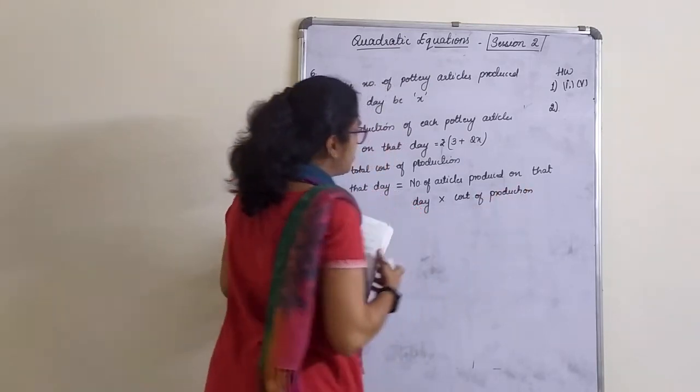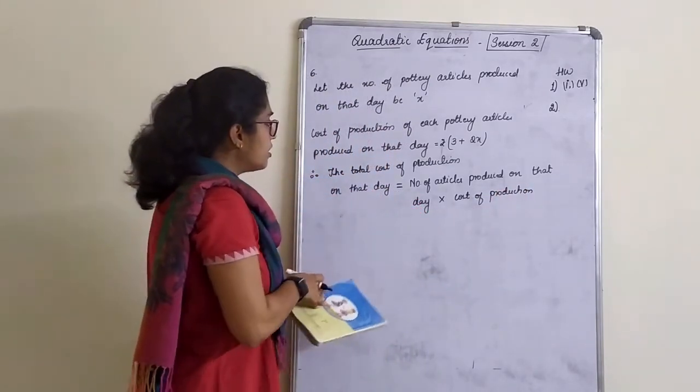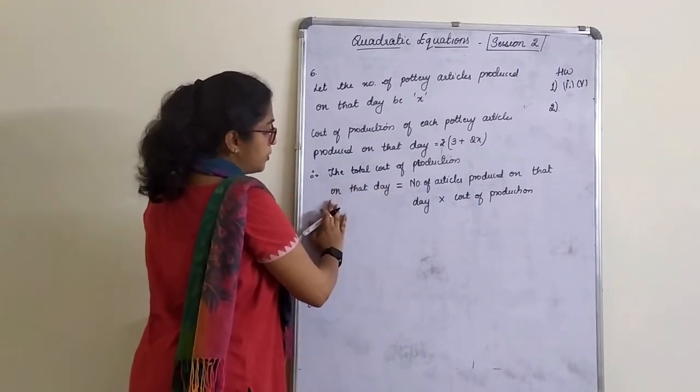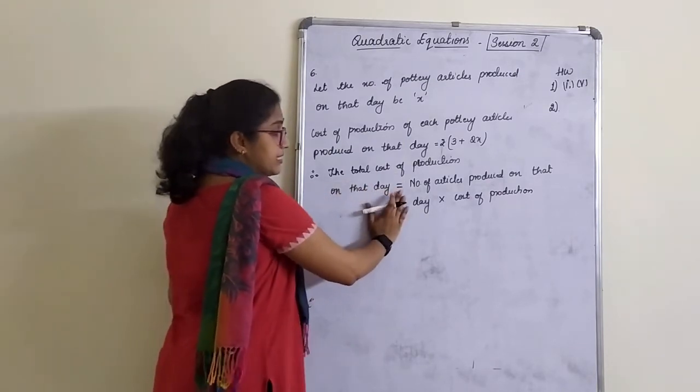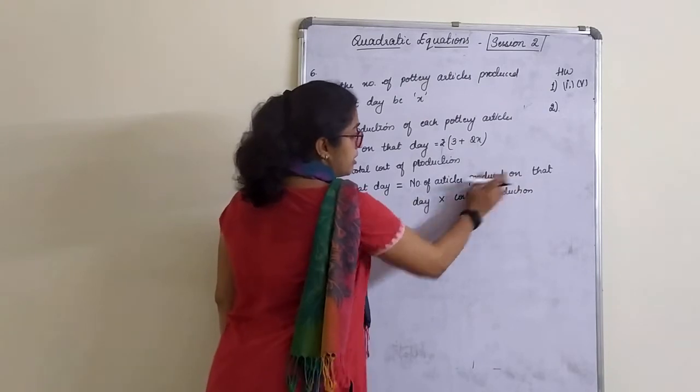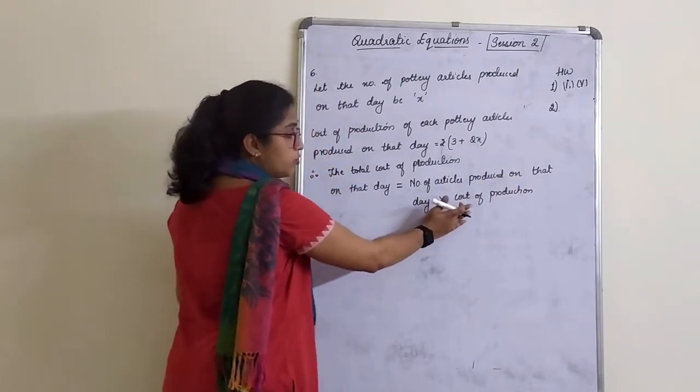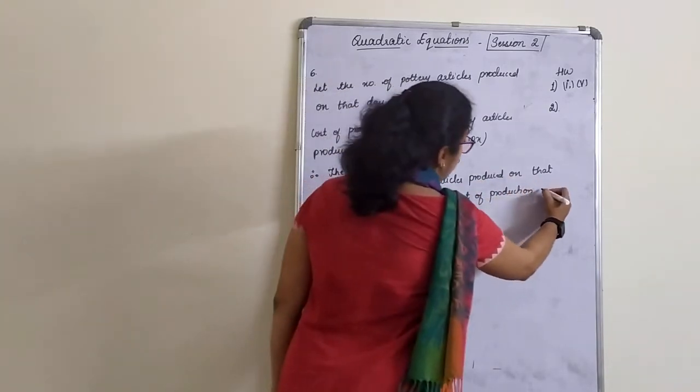I'll just write a shortcut term here. Just see, the total cost of production of articles on that day is equal to number of articles produced on that day into cost of production on that day.